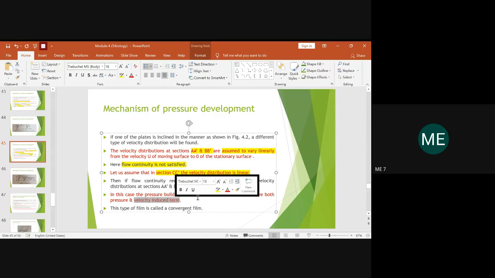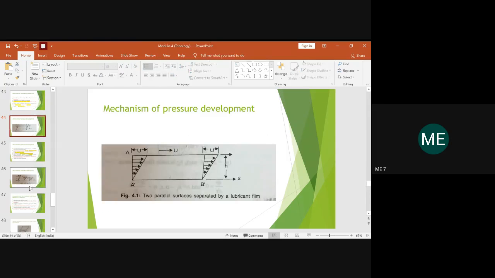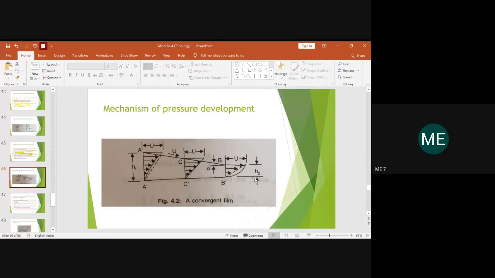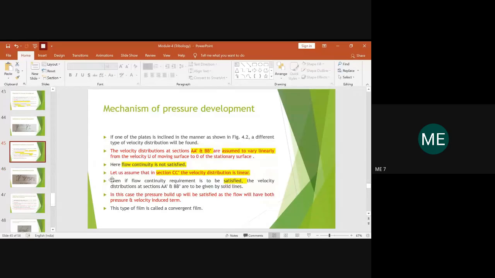So if you have this type of film with the variation in its thickness from H1 to H2, then we claim that to be a convergent film. So this is the basic thing you have to understand.